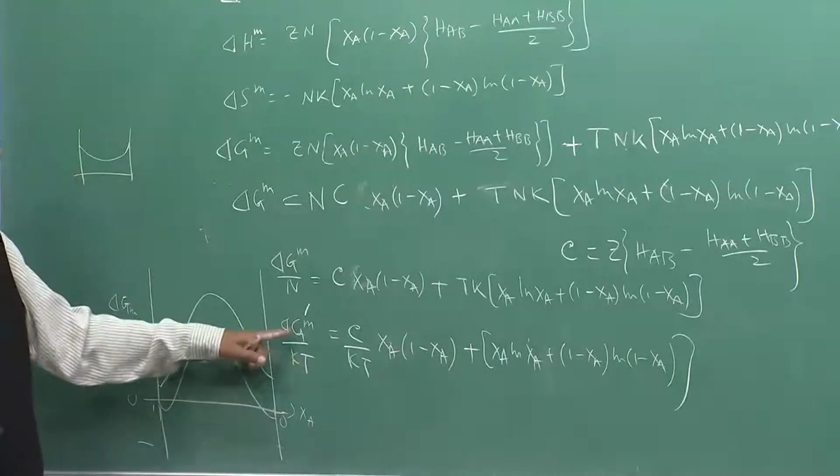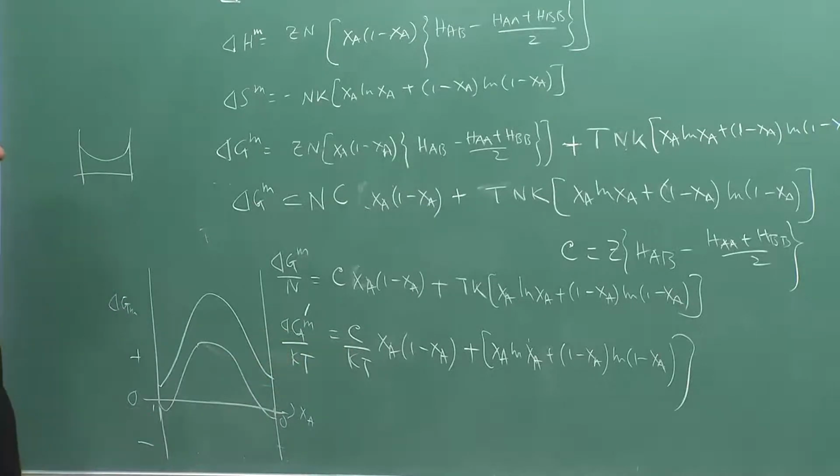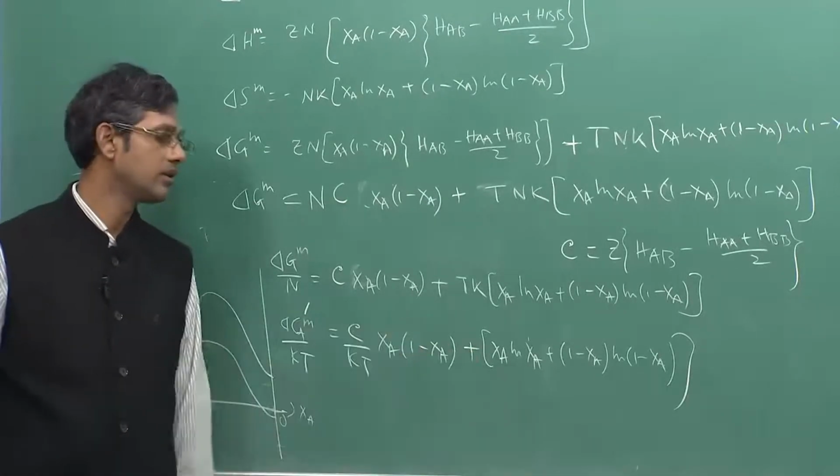So, it has become delta Gm by kT equal to C by kT into these terms.